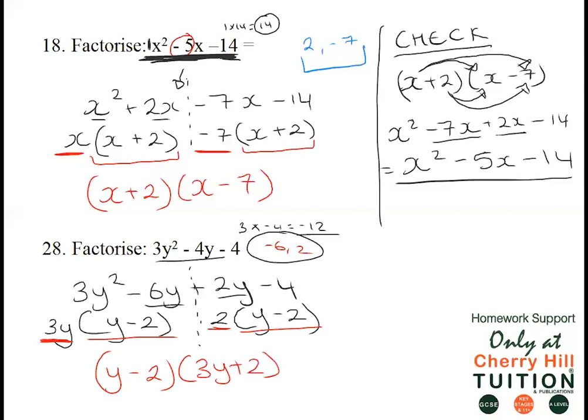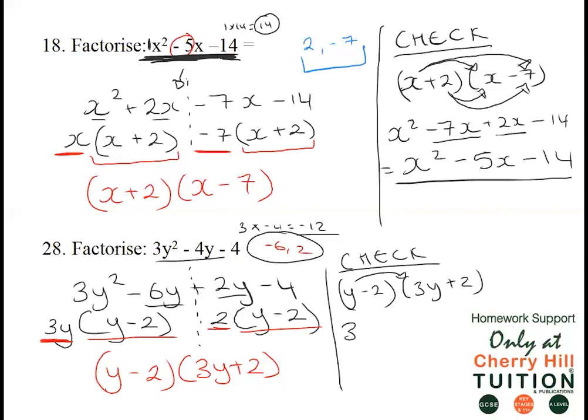Now it's time to check if our answer is correct. y multiplied by 3y is 3y squared. y multiplied by 2 is plus 2y, minus 2 multiplied by 3y is minus 6y, and then minus 2 multiplied by 2 is minus 4. 2y minus 6y are like terms, so we can collect these, and our answer is 3y squared minus 4y minus 4.